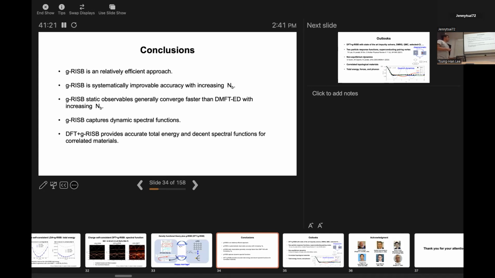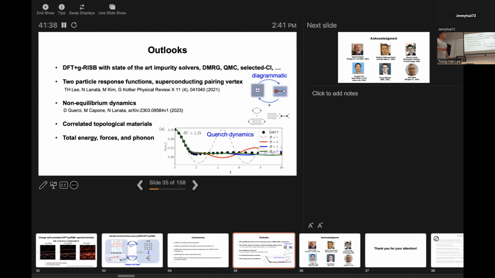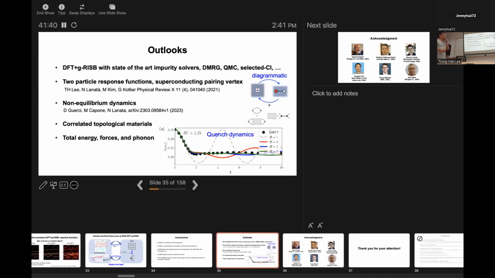And then I showed that DFT plus ghost Gutzwiller is quite promising if we want to study the total energy, and it can also capture quite decent spectral functions, besides these smeared Hubbard bands. So these are some of the outlooks of our work. This has just started, and we have only used the Z diagonalization solver for our impurity model.